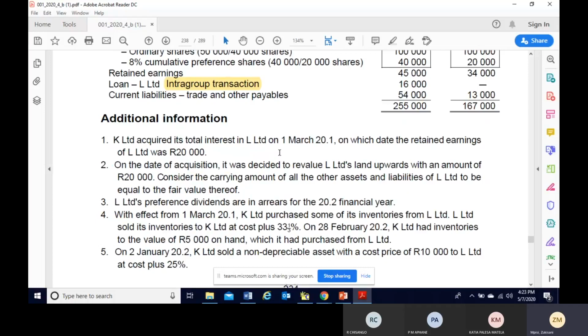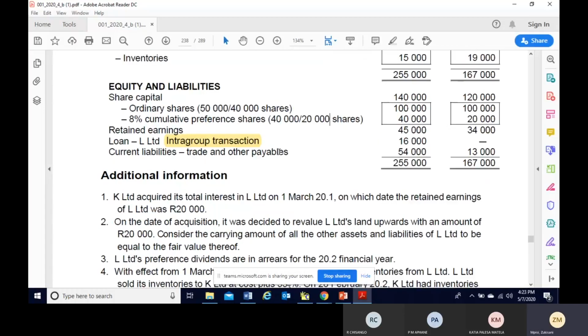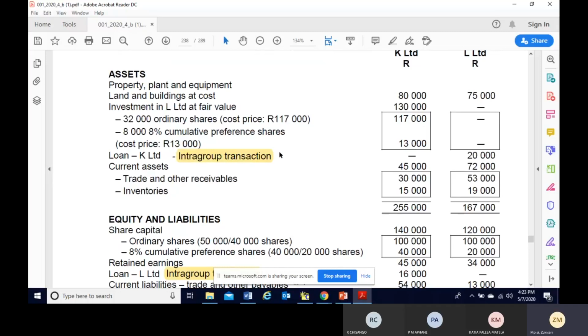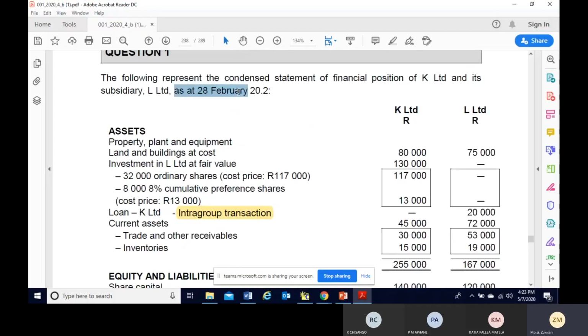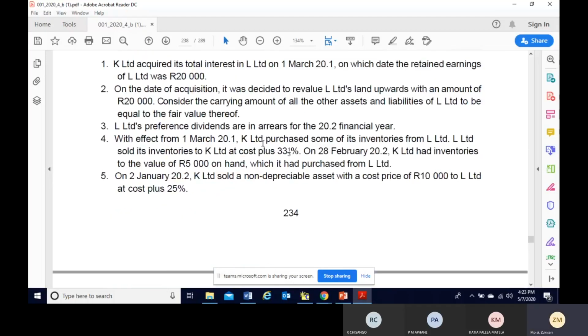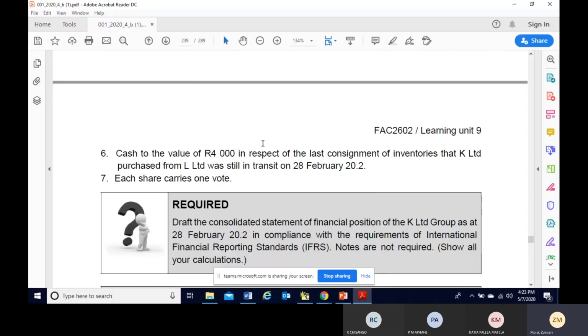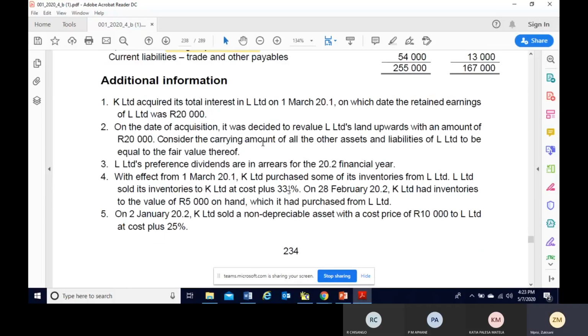So additional information: everything else seems normal. Remember, these balances are provided as at the end of the year, which is the same year that we are required to do the consolidated statement of financial position.